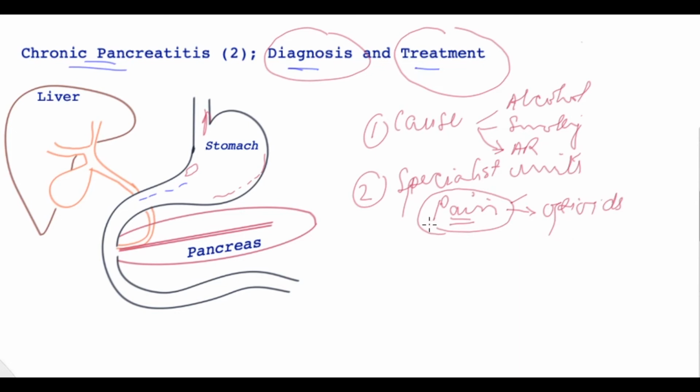Sometimes the pain is so severe that this merits further treatment in specialist units, and these could be endoscopic treatments, such as destroying the pain fibers over here next to the pancreas in what is called a celiac axis block. So what you do is, as I described before, you do an endoscopic ultrasound, park it over here, and then inject chemicals that destroy the pain nerve fibers next to a major blood vessel that try and control pain in chronic pancreatitis.